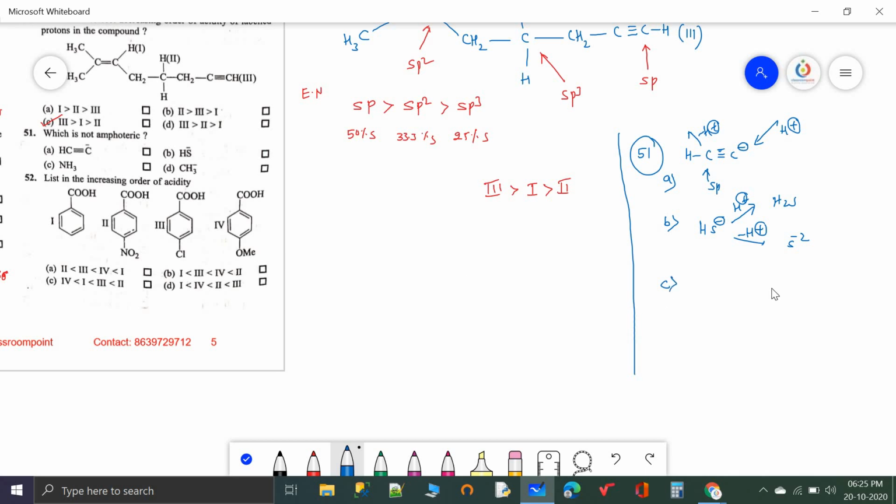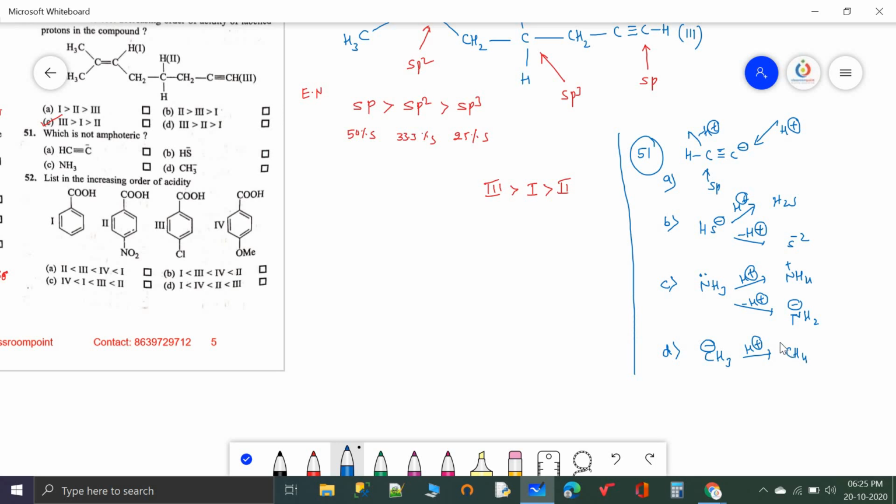Let us see option C, ammonia. NH3 can accept the H plus ion because it has a lone pair of electrons, so it can form NH4 plus. At the same time, it can even lose the H plus ion when needed, forming NH2 minus. And option D is CH3 minus, which has the ability to accept the H plus ion to form CH4.